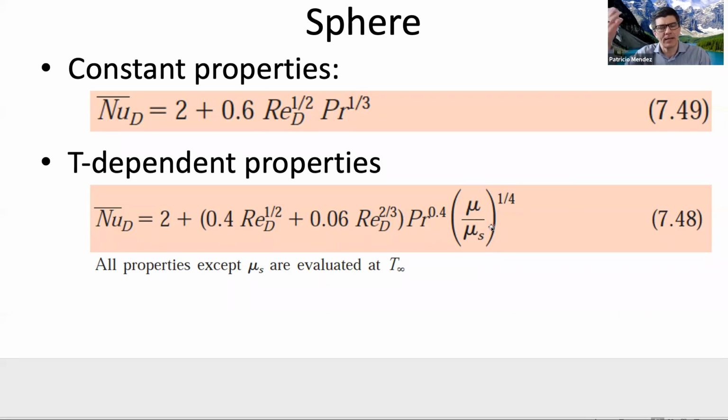And there is even another formula in the book for falling droplets. The one thing that I think is cool about this formula is that we have a 2 in front. And this 2 is so cool. Imagine the fluid stops moving.